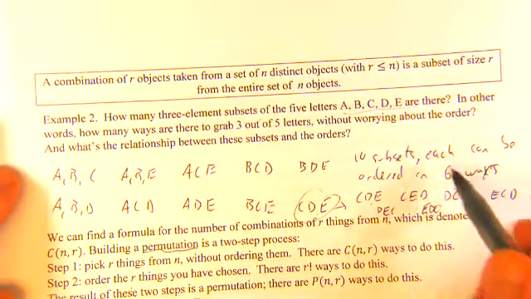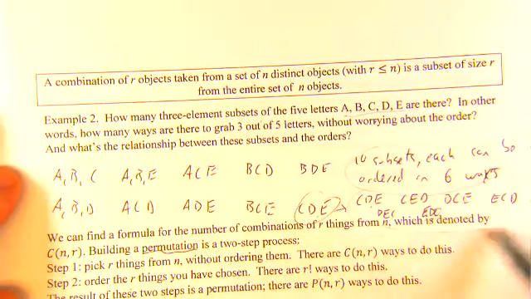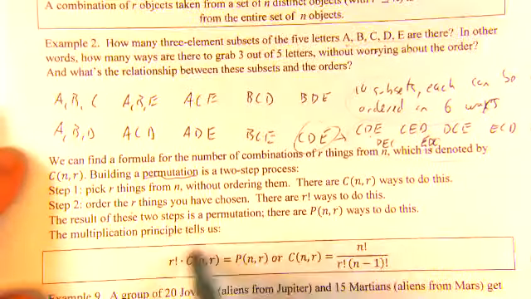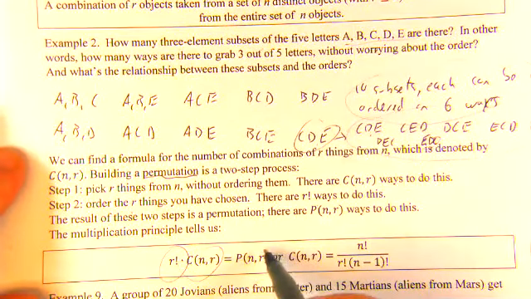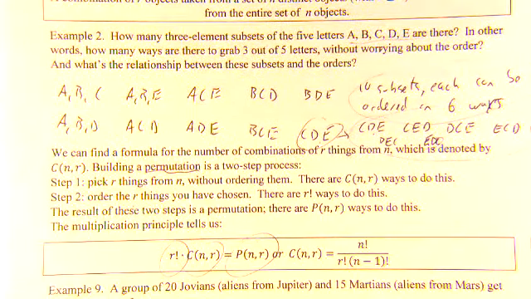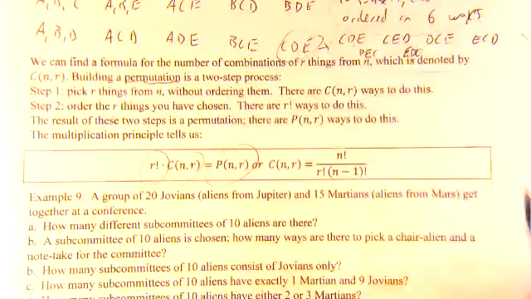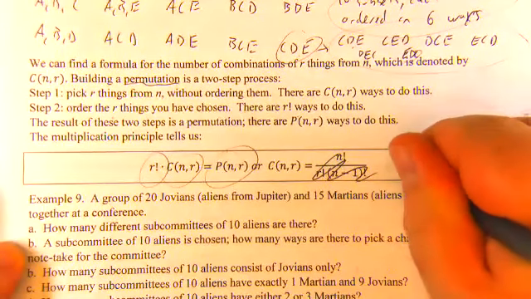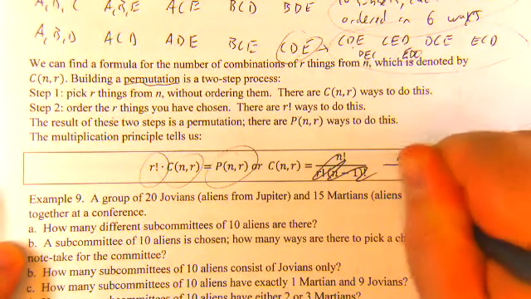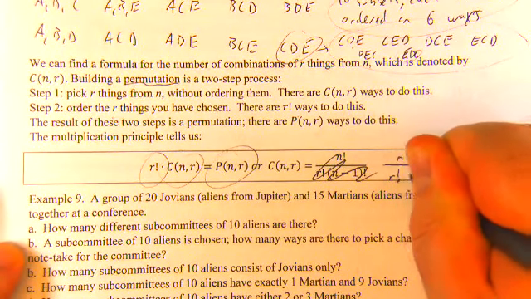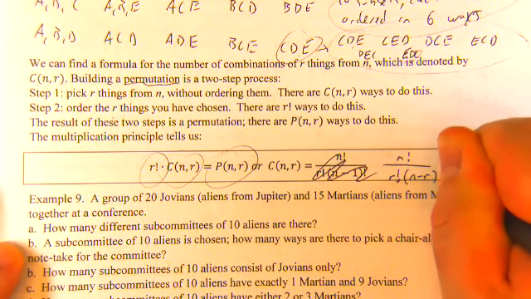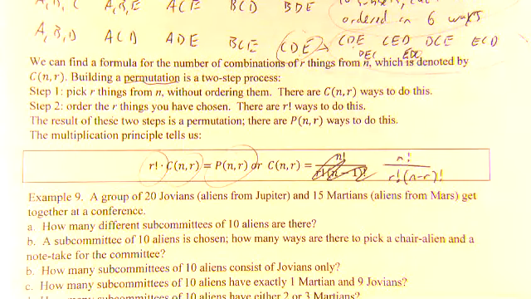Number of subsets times number of ways to order the subsets gives me P(n, r), and that gives me the formula: n factorial over r factorial times n minus r quantity factorial is the number of combinations.